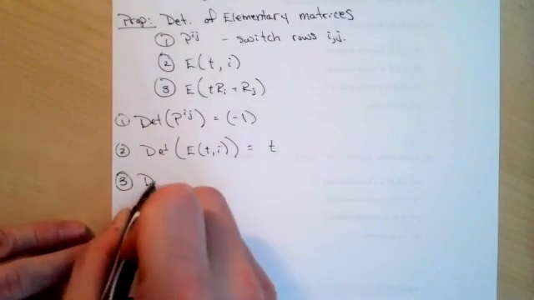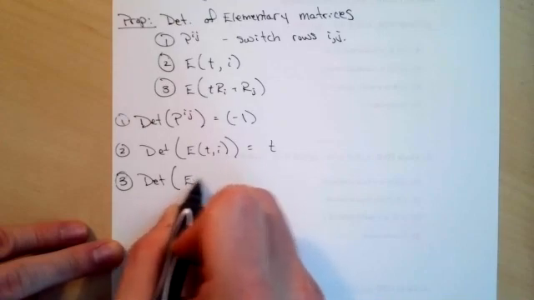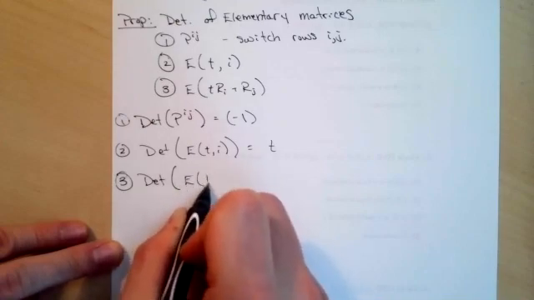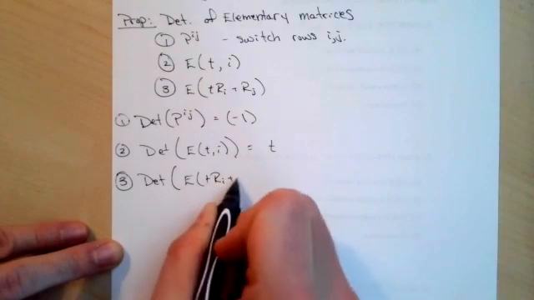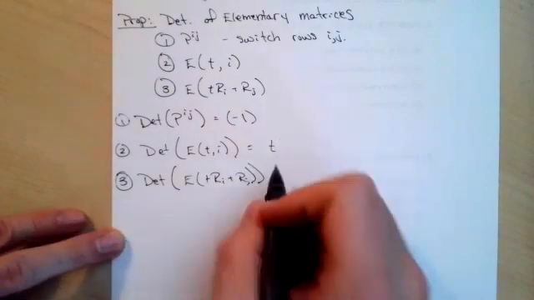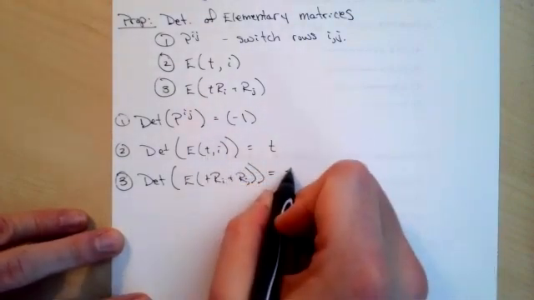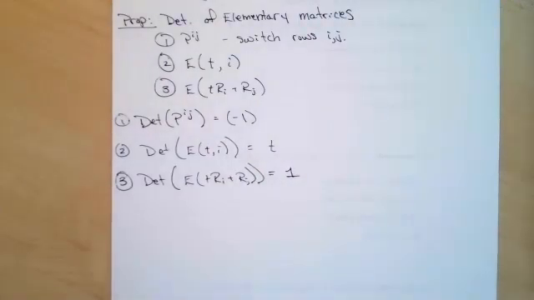And then the determinant of taking a linear combination of rows and replacing one of those rows is just 1. So let's interpret a little bit about what's going on.